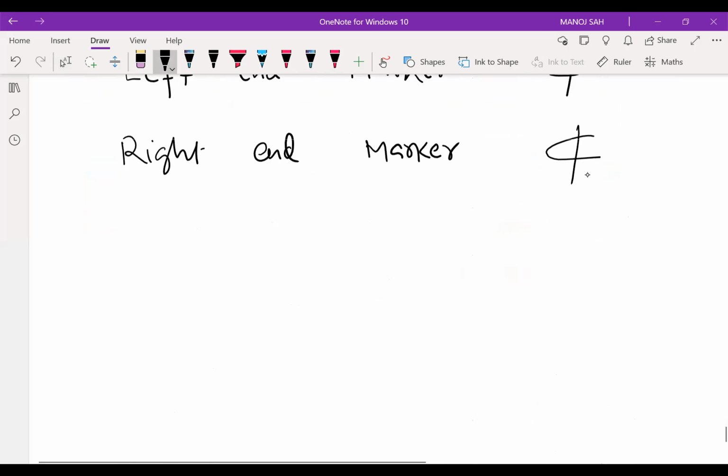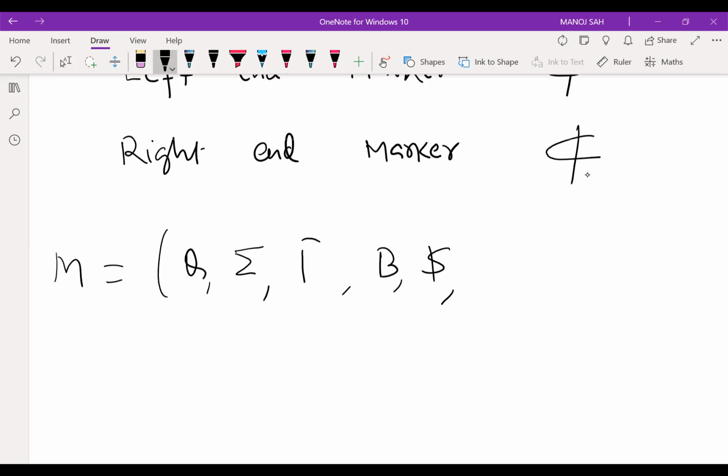We can say that the machine M for the LBA is denoted as M equal to Q, sigma, tau, B, dollar, and the right end marker, that is one left hand marker and one right hand marker.